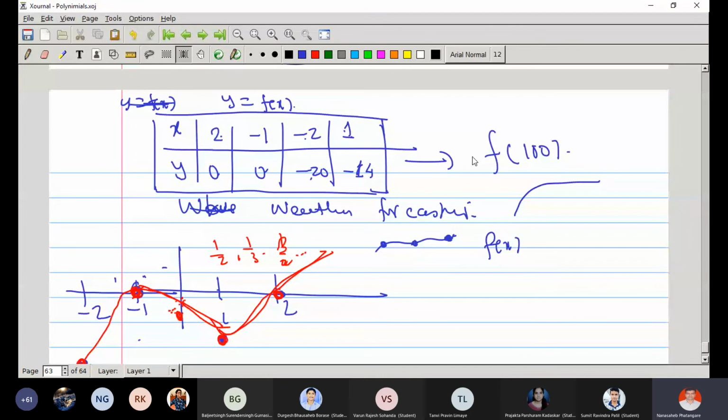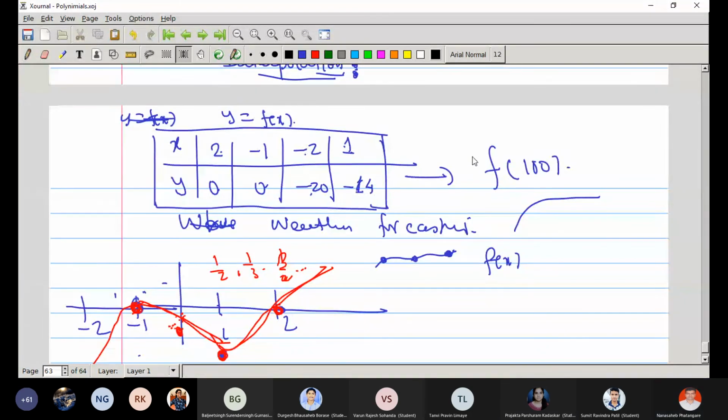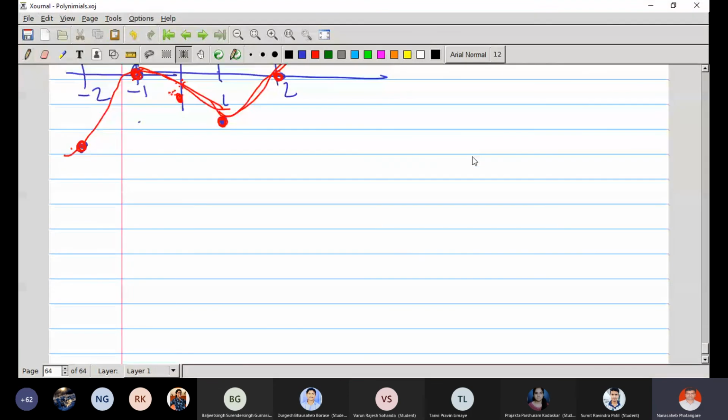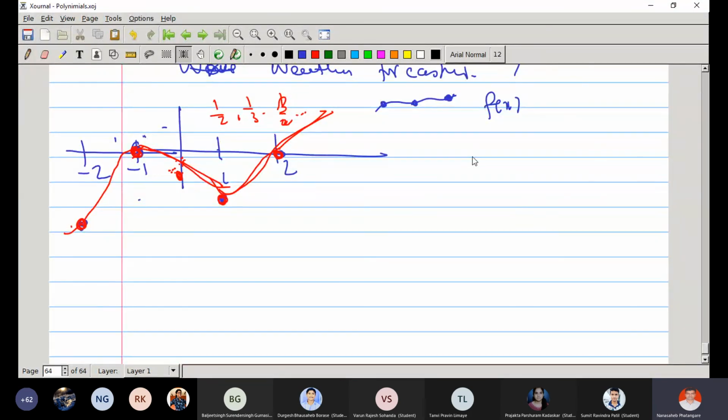Anyway, we'll take a break of 5 or 10 minutes, and then we'll start again. For polynomials, I think this much is sufficient at this point. So we'll start with our new topic, complex numbers, which is our last chapter, in the next lecture, after 10 minutes.